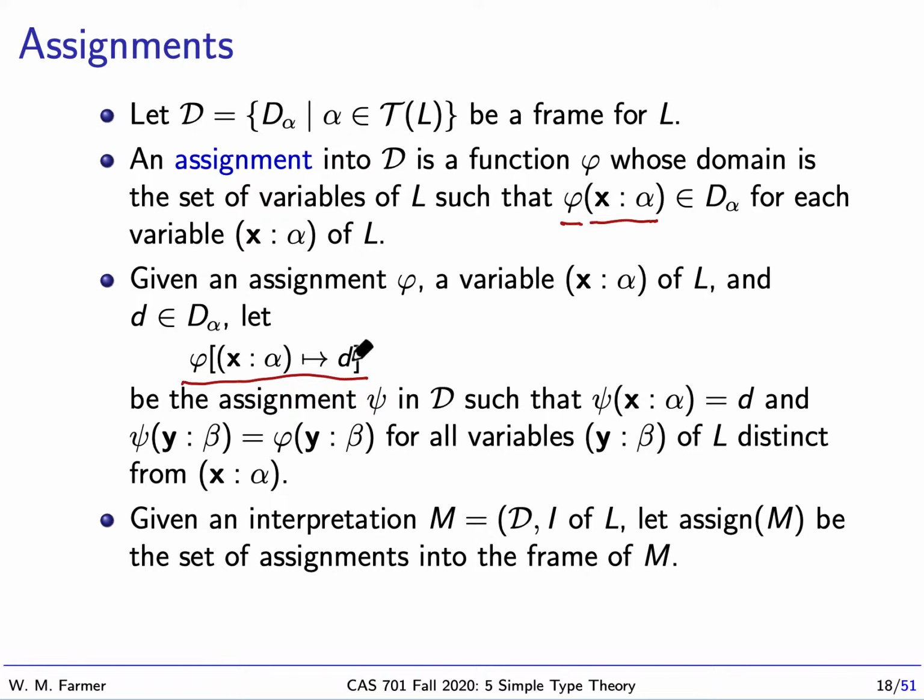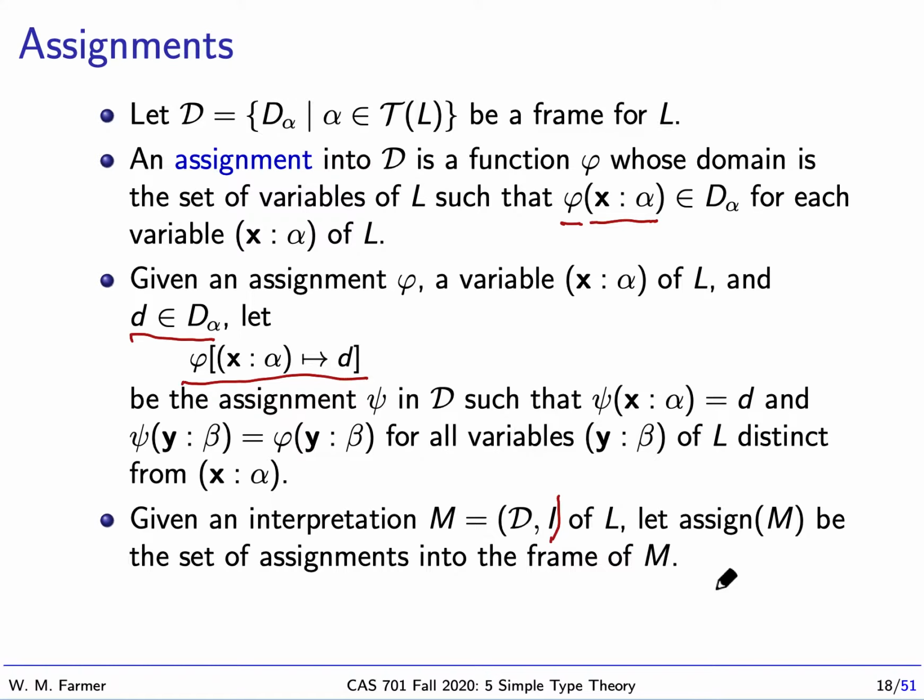It will go to d, where d is some value in our domain for alpha. And otherwise, phi stays the same. And then we're going to define, if we have an interpretation M of L, we'll let assign M be the set of all assignments into the frame of M.